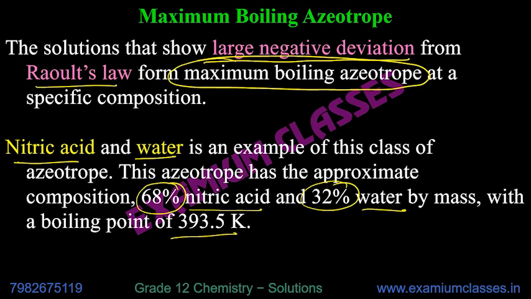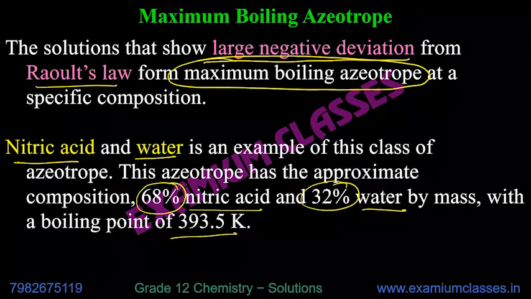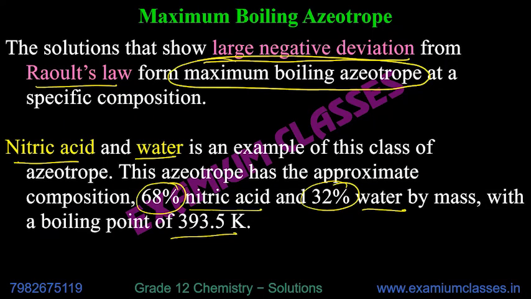That's why. So nitric acid and water, example of maximum boiling azeotrope. Alcohol and water, 95% alcohol, 5% water, example of minimum boiling azeotrope. Large positive deviation. Maximum boiling azeotrope, nitric acid and water, 68%, 32%.